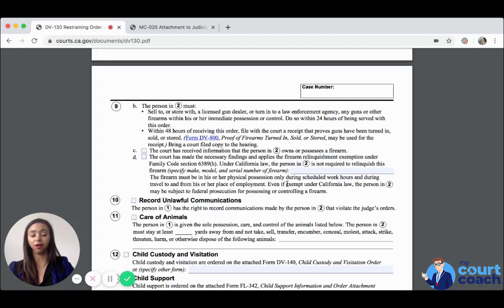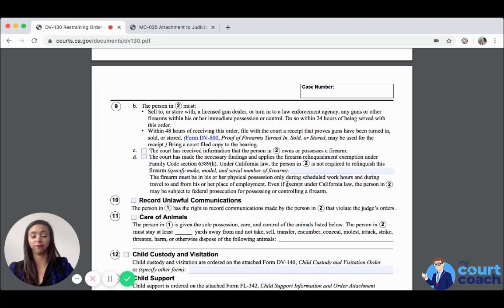Under California law, the person in 2 is not required to relinquish their firearm. You have to specify the serial number, make, and model of that firearm, and that firearm must be in his or her physical possession only during scheduled work hours and during travel to and from his or her workplace of employment. And even if exempt under California law, the person in 2 may be subject to federal prosecution for possessing or controlling a firearm.